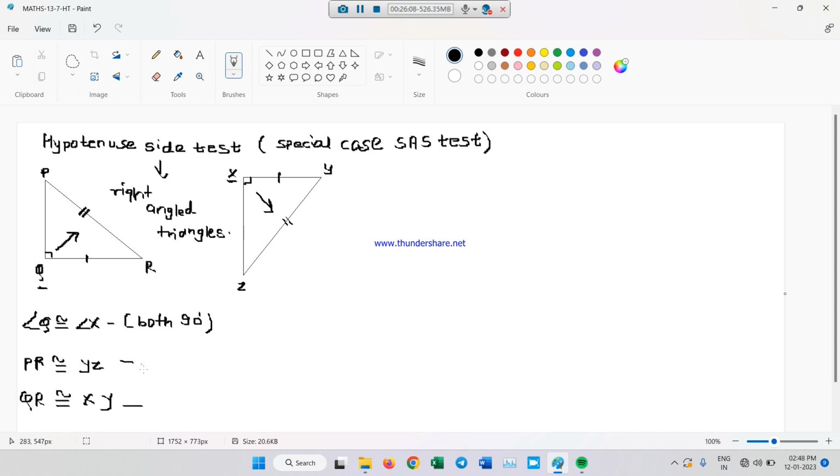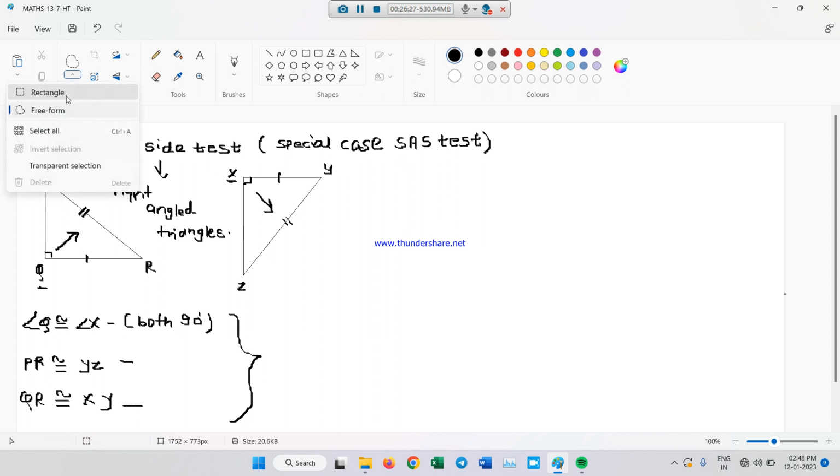After this, let's do our one-to-one correspondence. Let's rotate this triangle and try to match the orientation. See, now the orientation is matching.